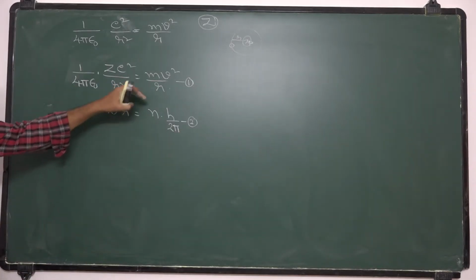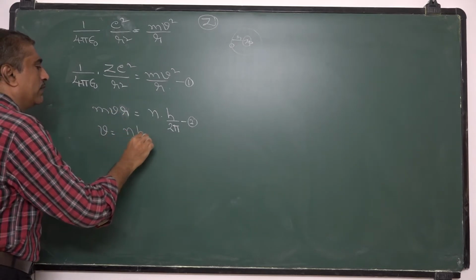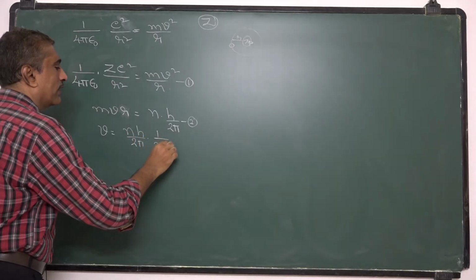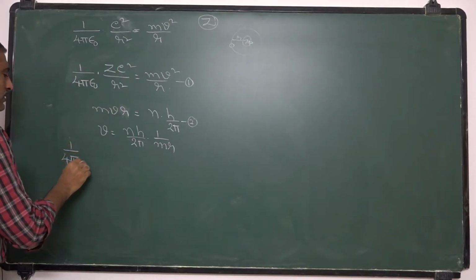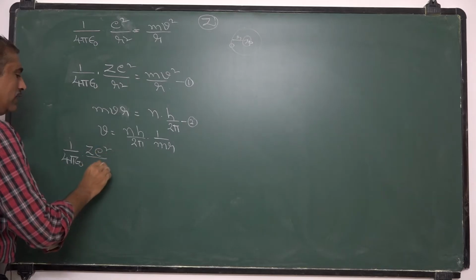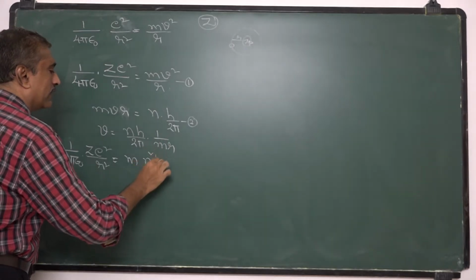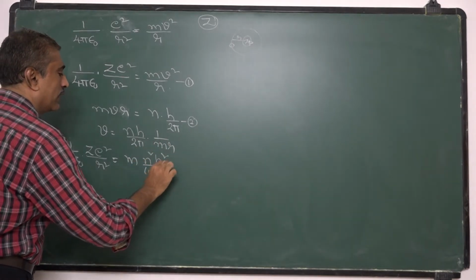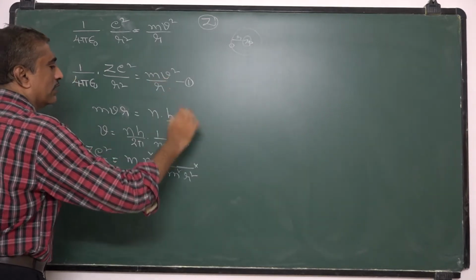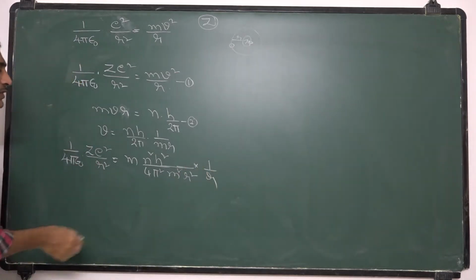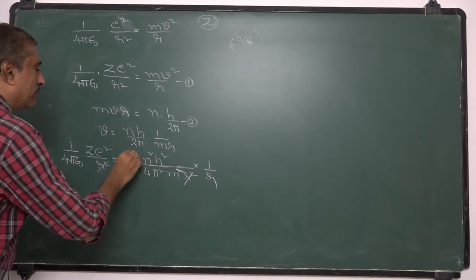Now from these two conditions, we write v as n h by 2 pi into 1 by m r. Now substituting in this equation, 1 by 4 pi epsilon naught Z e square by r square is equal to m, v square means n square h square by 4 pi square m square r square, into 1 by r. So now this r square term will get cancelled and one m term will get cancelled.